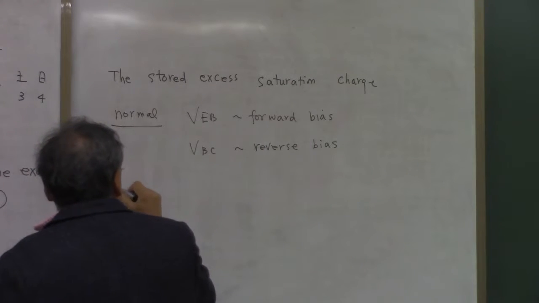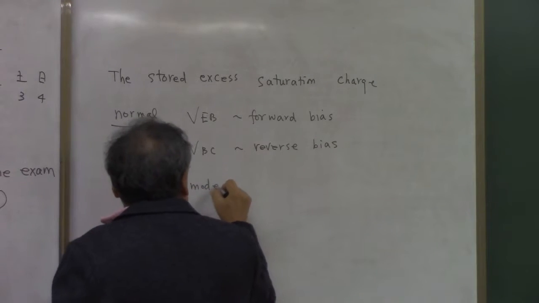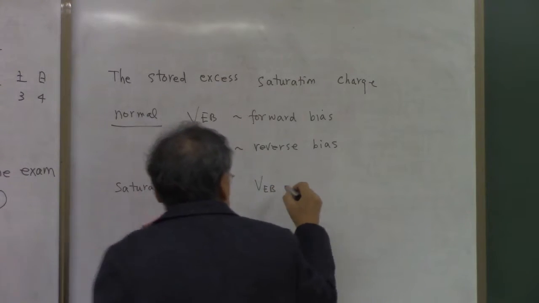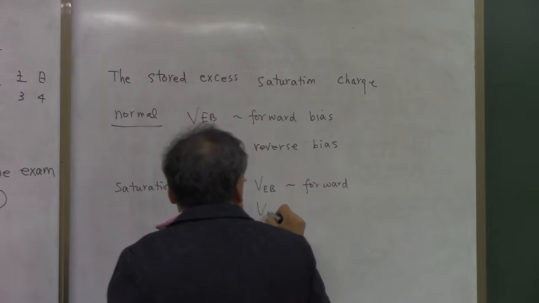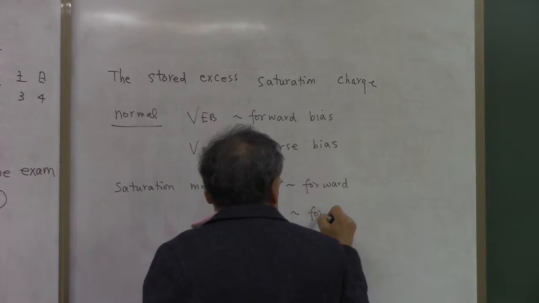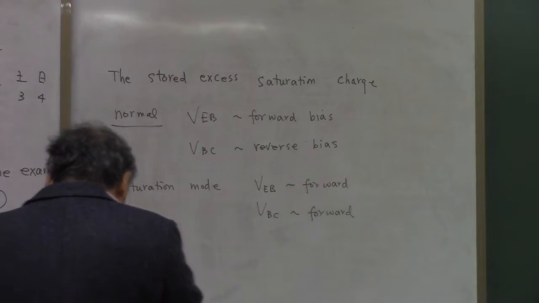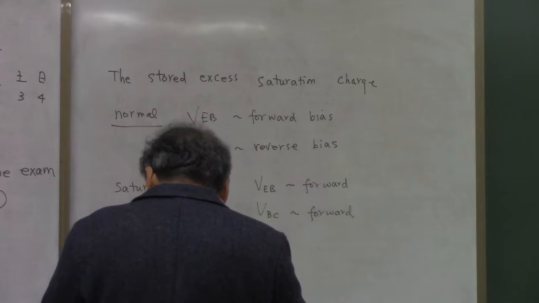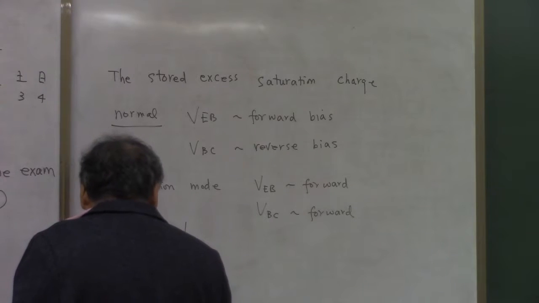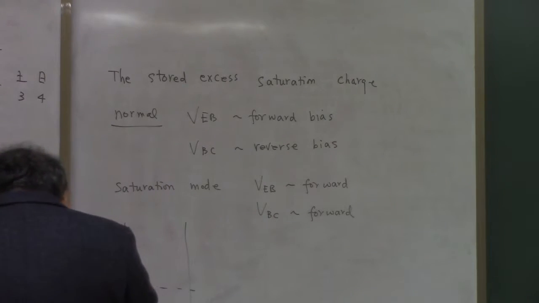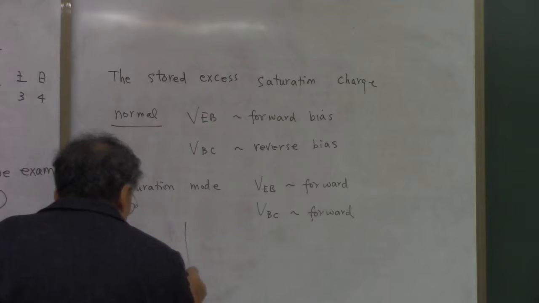But in a saturation mode, we set emitter base forward bias, but we set the base collector also, we apply the forward bias to this. And then what's going to happen is that when you increase the bias, then the current is going to go like this.